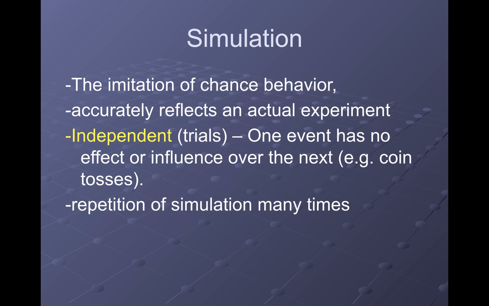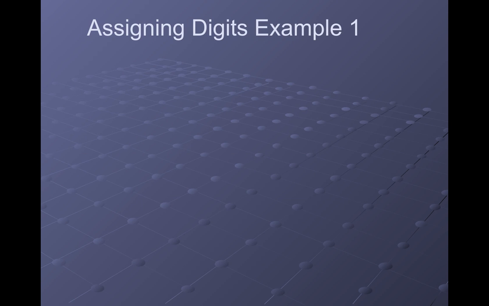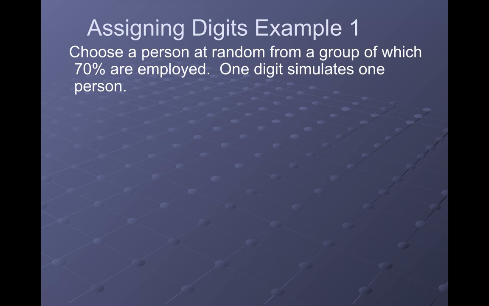Another way is through random numbers or random digit generators. You could even ask Siri for a random number, and it will literally give you a number. The other thing they use are random digit tables.